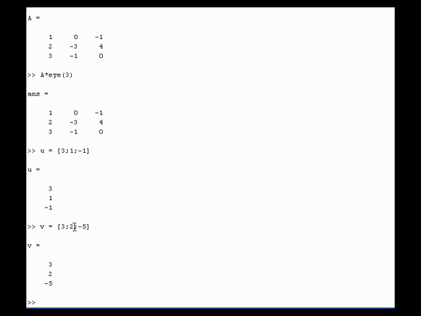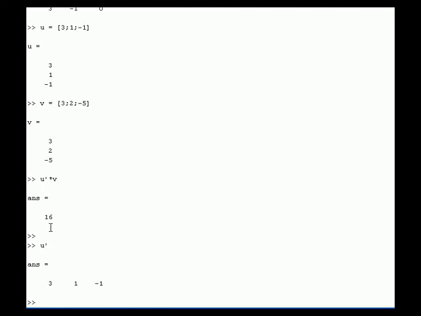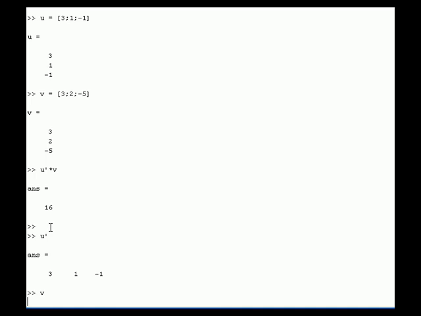Now U transpose times V is just a scalar. That's the dot product. See, U transpose is this row vector, V is that.